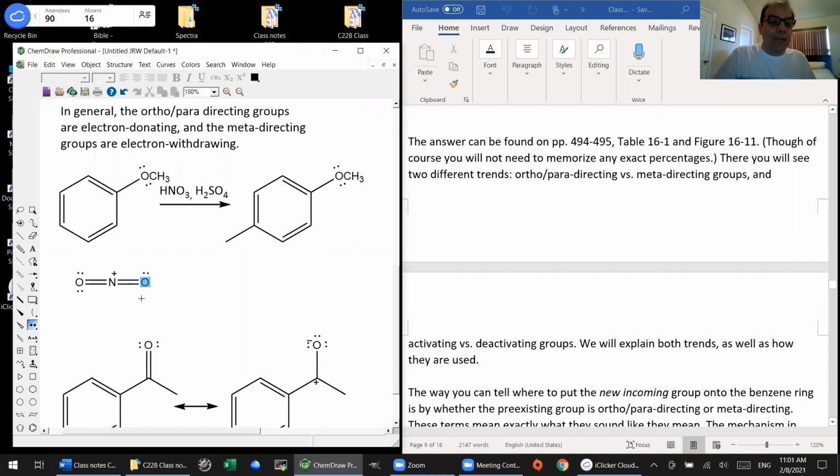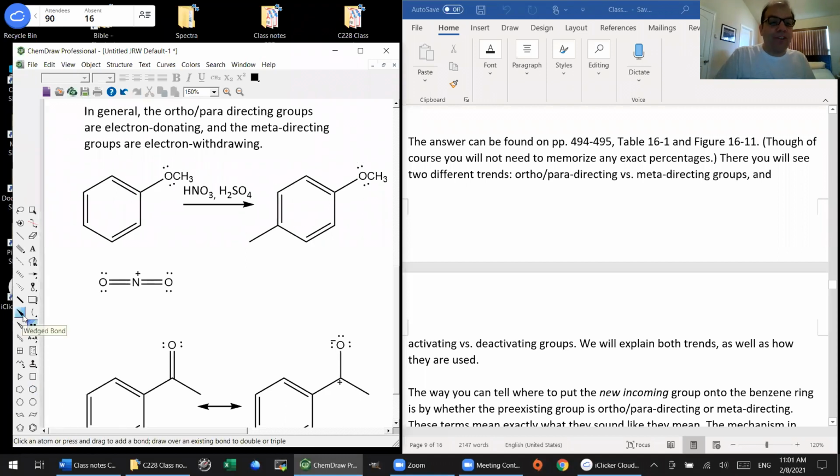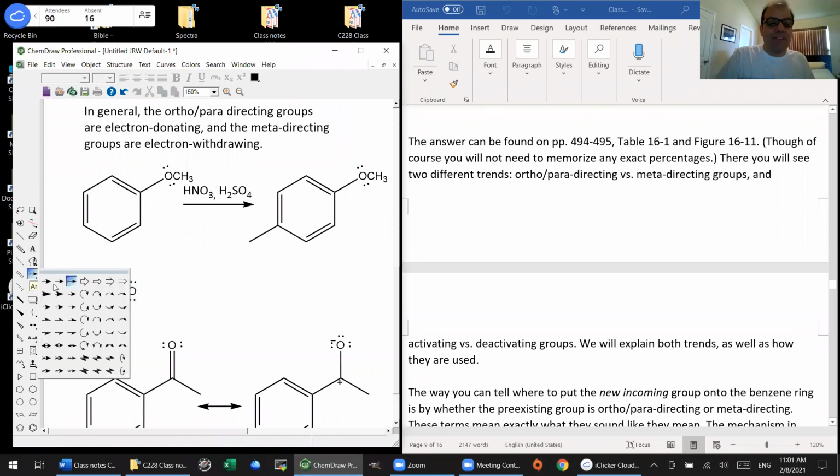but at some point, we generate this nitronium ion, and the mechanism of the reaction involves addition of the nitronium ion to the benzene ring using one of those pi bonds, or the electrons in the pi bond, even though we understand they aren't really localized like that.